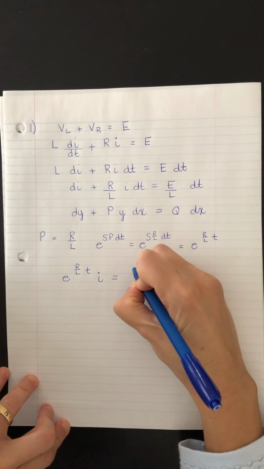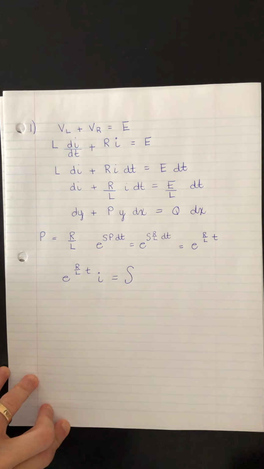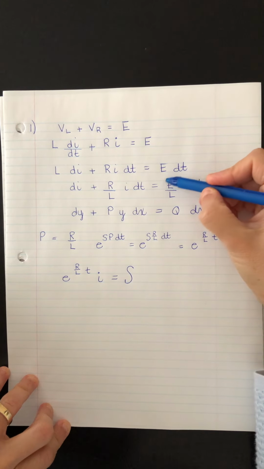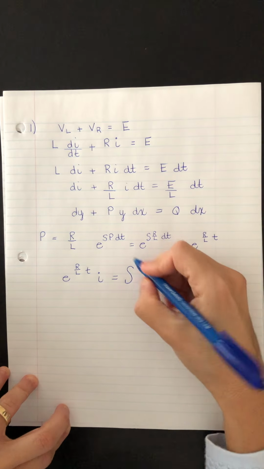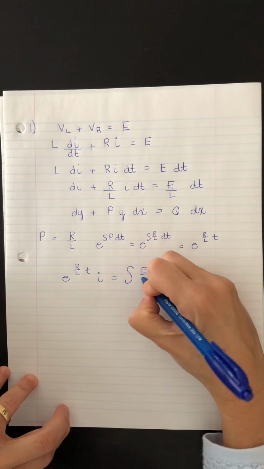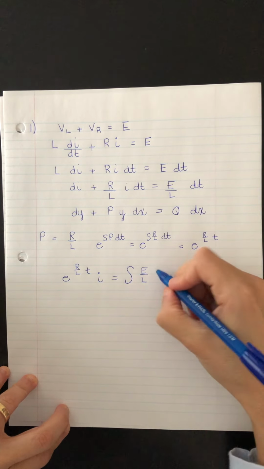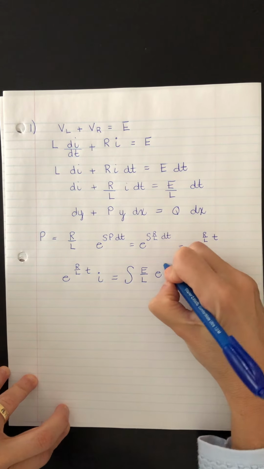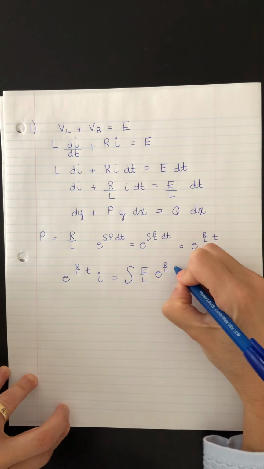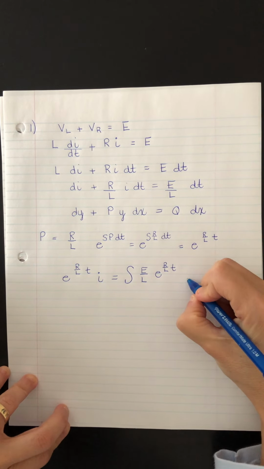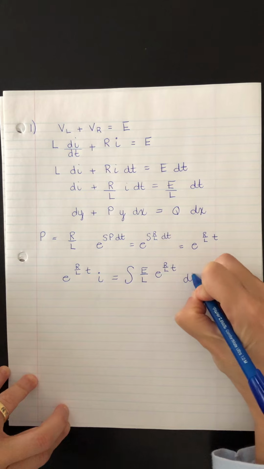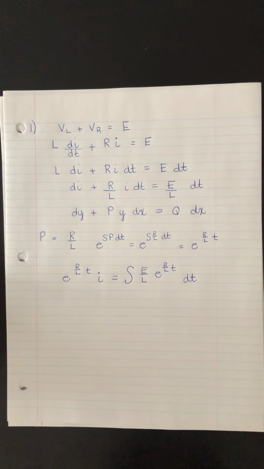On the right side, you always begin with the integral sign, and then with q, so q in this case is the number E over L, multiplied by the integrating factor, which is this exponential function. And normally we would have dx here, so this is where we would have dt.